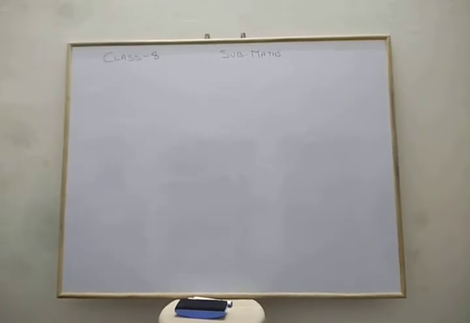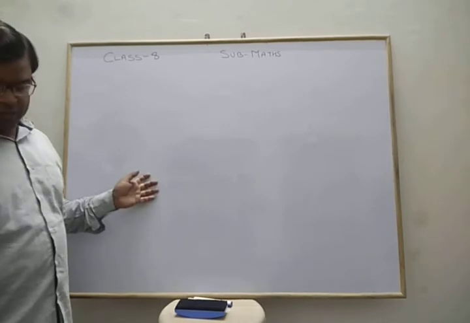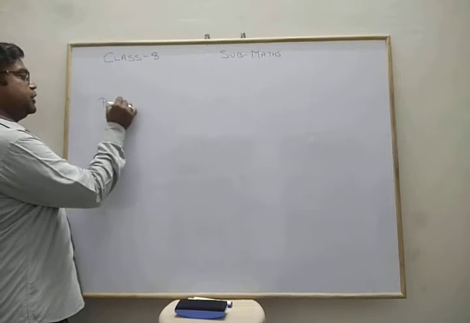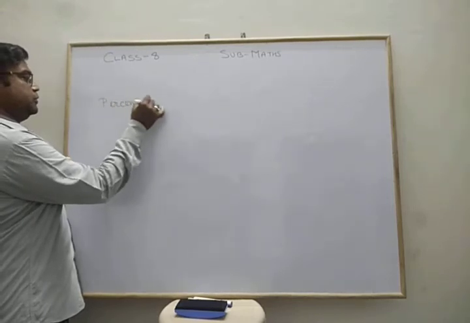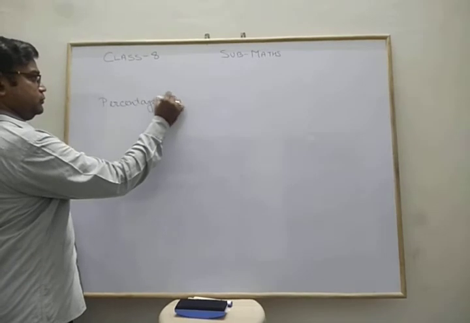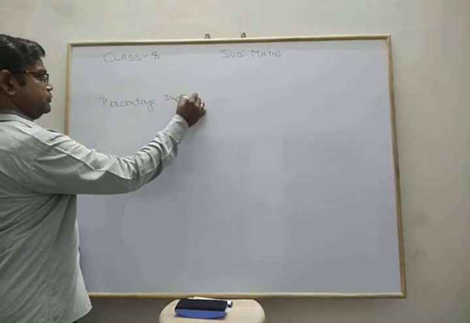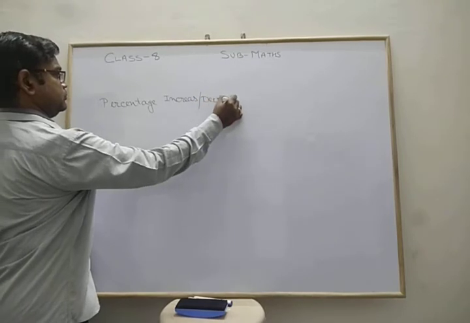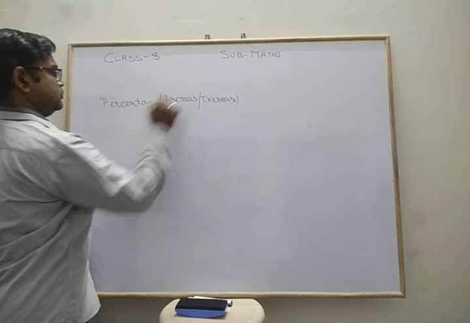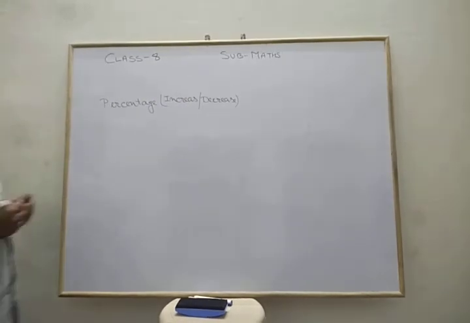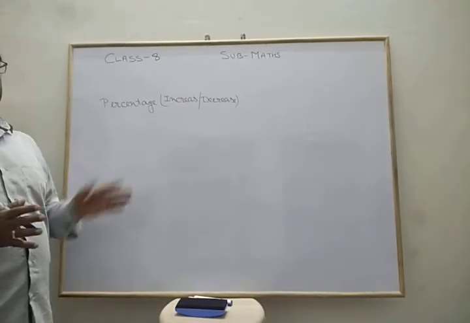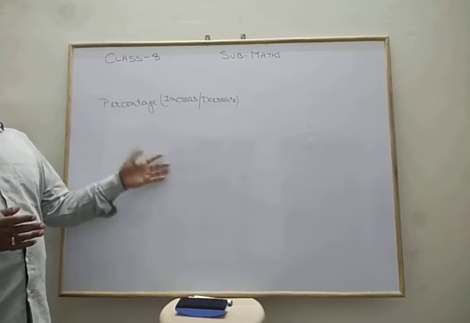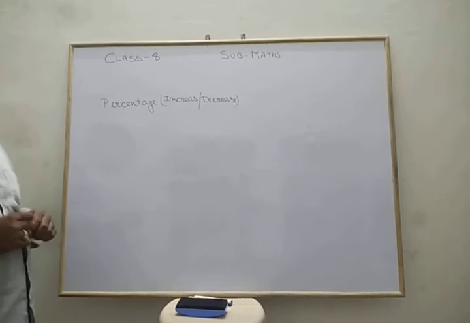One more topic is left that we must discuss: percentage increase or decrease. How do you find a percentage increase or decrease? For finding this, we must find the ratio of the actual change to the initial amount, then multiply by 100.